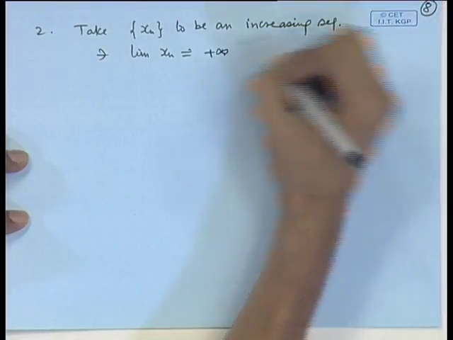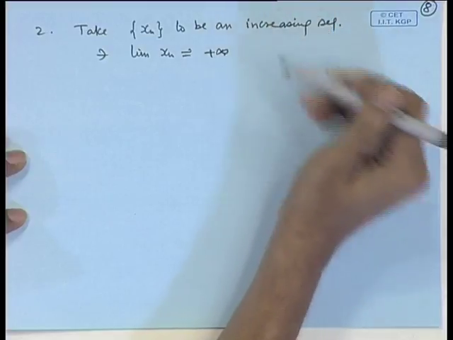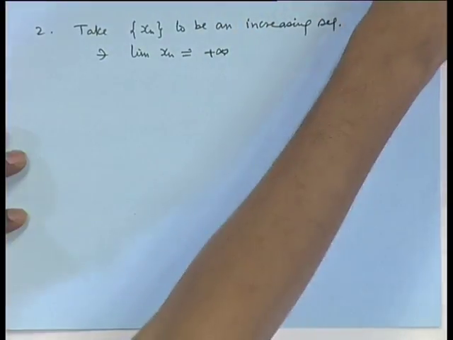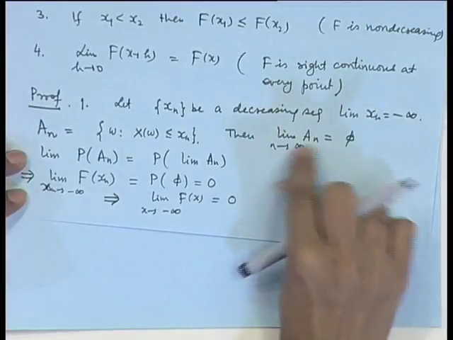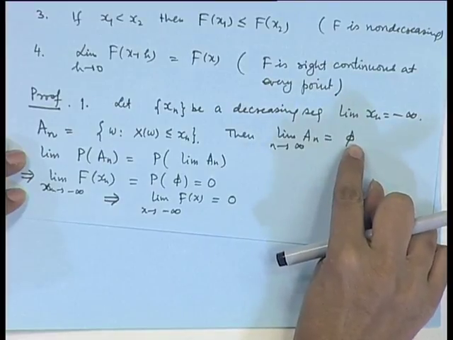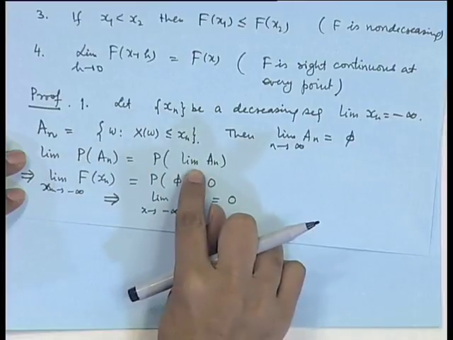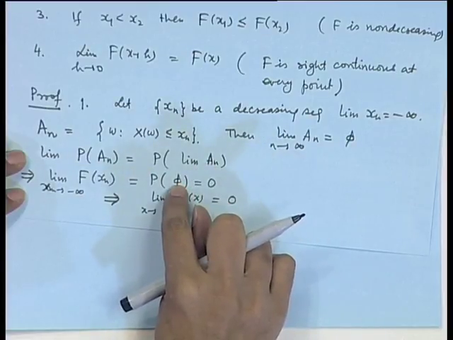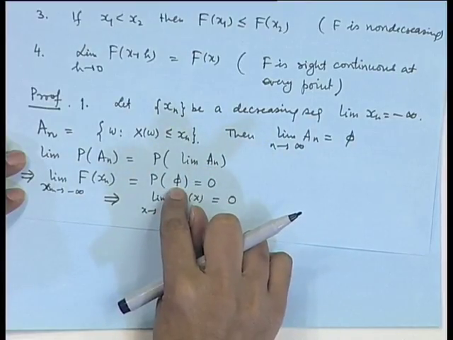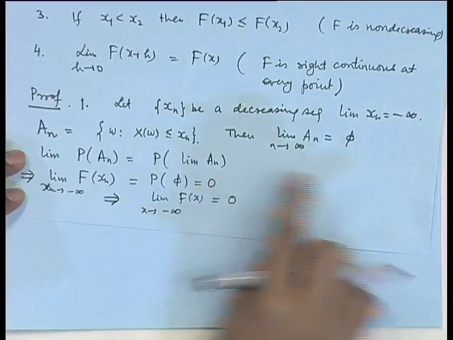If we take this and apply the argument given in the previous one, then here we will have limit of A n is equal to the full space, and therefore, limit of A n will be omega, and here you will get equal to 1.